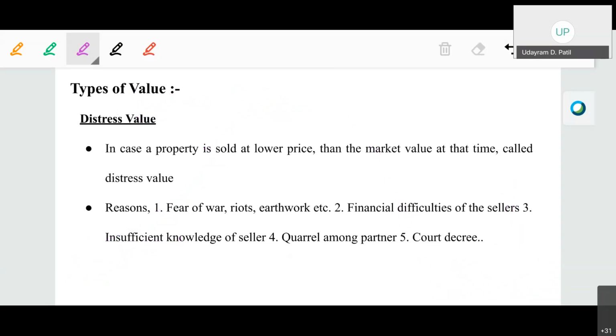Original or natural distress: if there is a war, or if there are riots, or समजा earthquake zone असेल, in that case due to that distress the owner will sell that property at a lower extent.